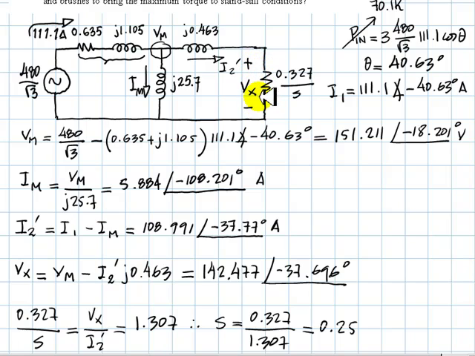But if we know that voltage Vx and this current I2 prime, I divide them and can compute this resistance. And from there, we can solve for s. And that is exactly what I'm doing here. That resistance is Vx divided by I2 prime, 1.3 ohms. And from there, we determine that the slip has to be 0.25 per unit, which is a lot, 25% away from the synchronous speed.